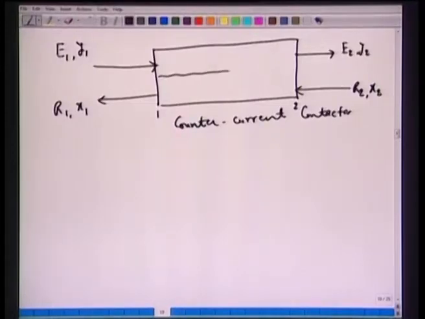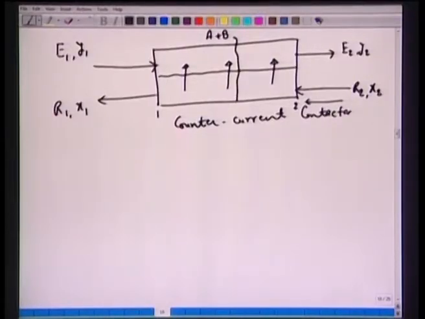So we have essentially two phases here, and we can assume again we have binary mixtures of A and B, and only A diffuses, say, from the R phase to the E phase. Now as this stream enters from this direction, this mole fraction will be larger.